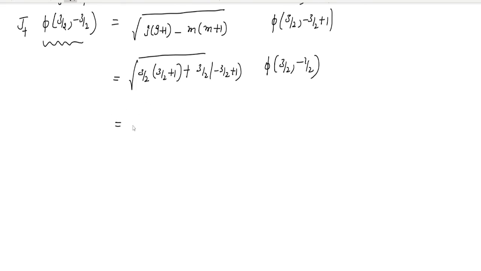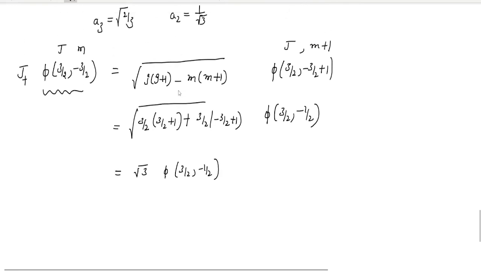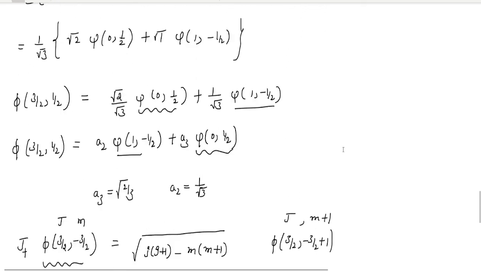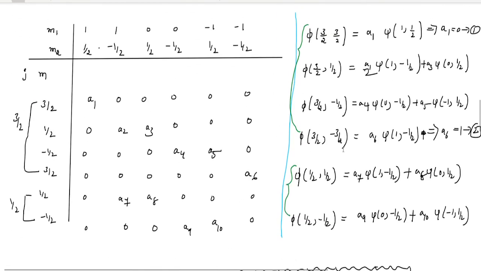So this one is root 3 and pi 3 divided by 2 comma minus 1 divided by 2. So we know the equation.